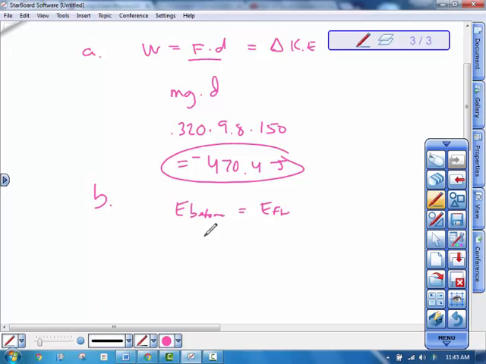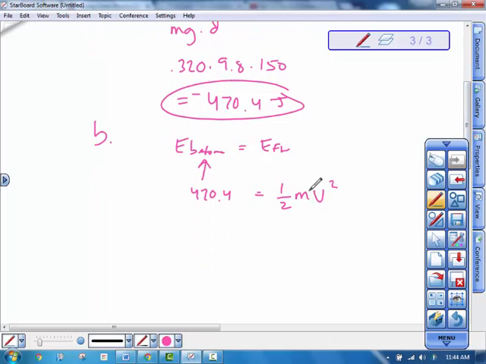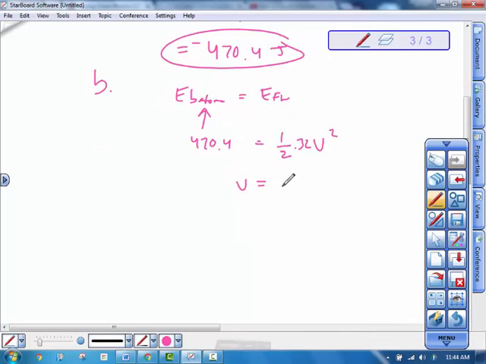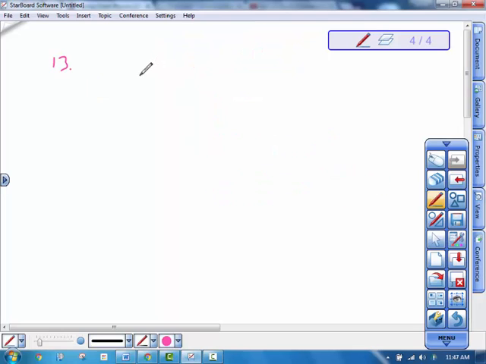So we can set that equal to the formula for kinetic energy, 1/2 mv squared, where the mass is 0.32, and we can solve for velocity. That gives 54.22 meters per second.